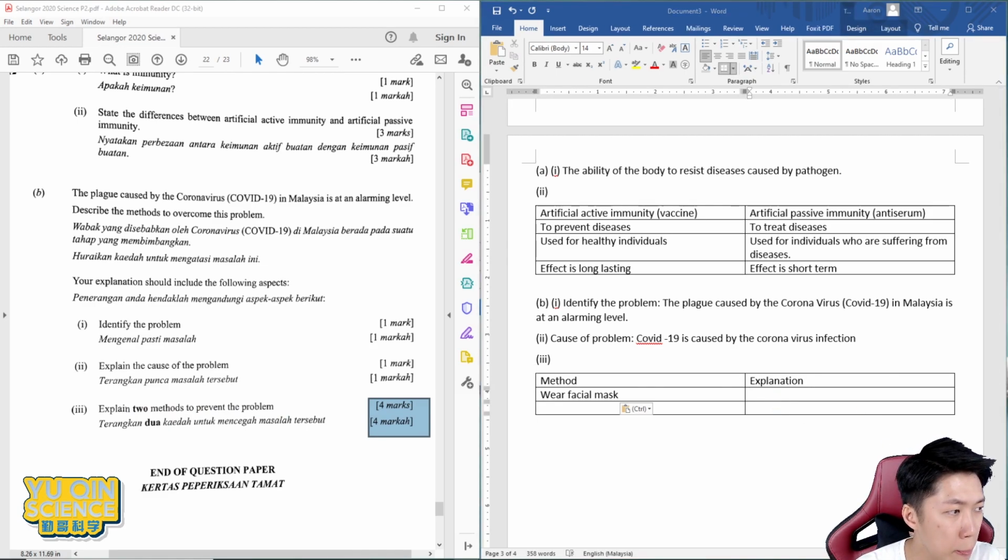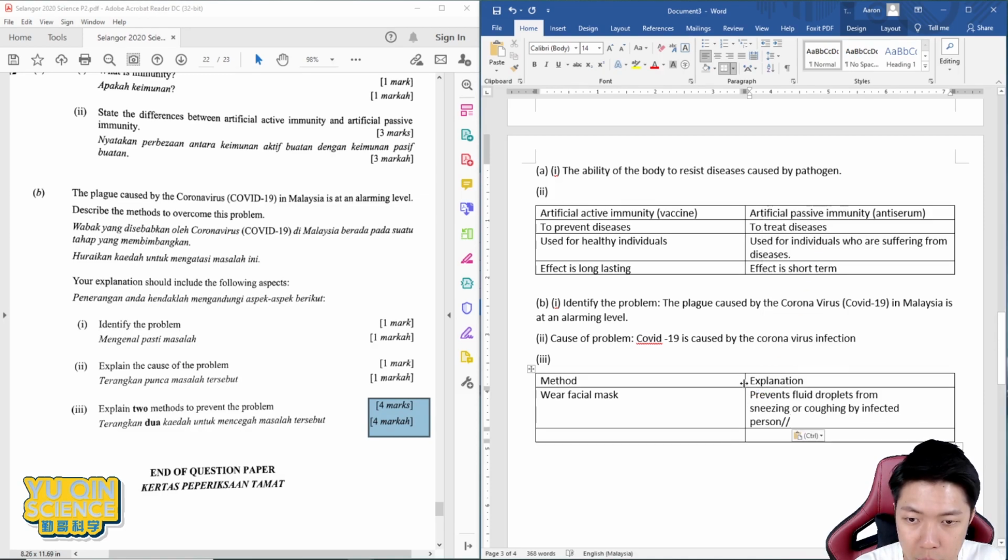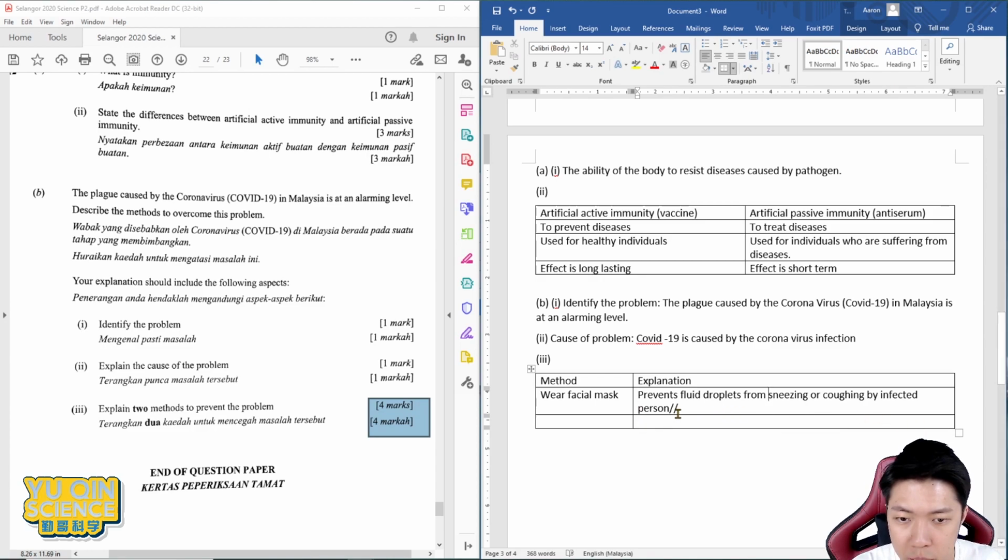To prevent fluids from sneezing and coughing by an infected person from entering our mouth and nose. When you sneeze, it doesn't go to other people's faces. Okay? Never learned before. Where got teach you wear mask in the syllabus? Don't have, so it's okay. We learn now. What else?